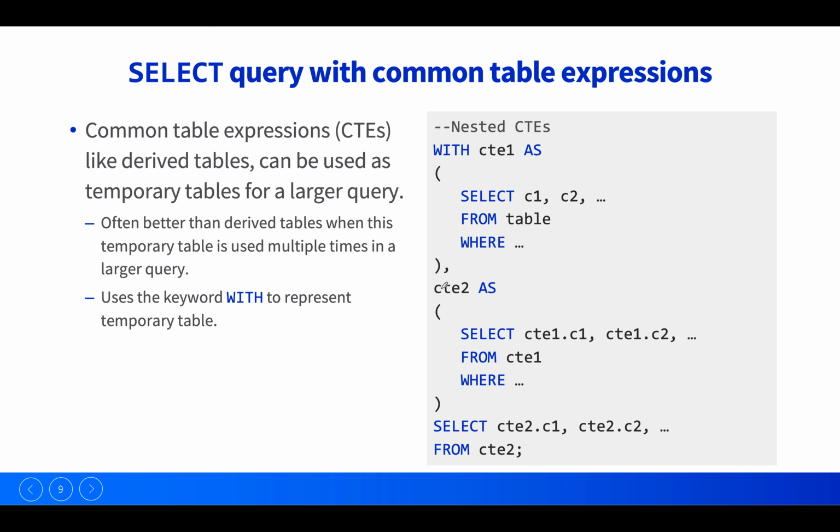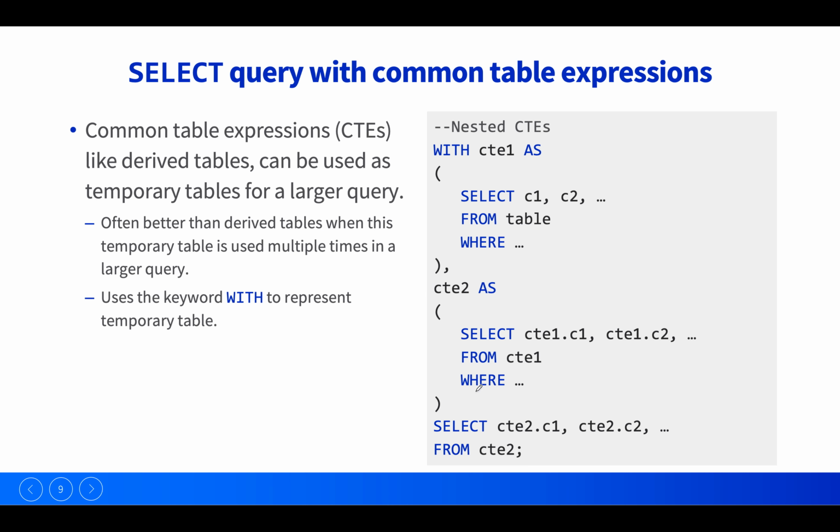Okay, and the good thing about nested CTEs is that you can nest them a lot more easily compared to, let's say, derived tables. So in this particular example template, we are defining two CTEs. Here, we just specify CTE1 as this particular expression, and we can also define another common table expression called CTE2 as another expression.